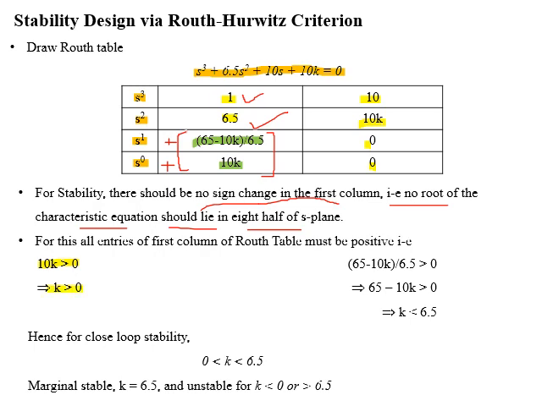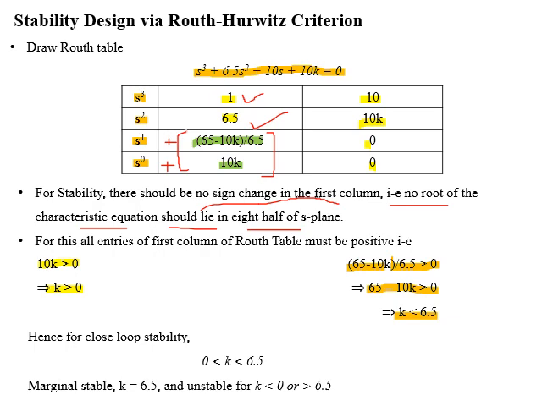And secondly, 65 minus 10k divided by 6.5 greater than 0, which means that 65 minus 10k is greater than 0 or k is less than 6.5.